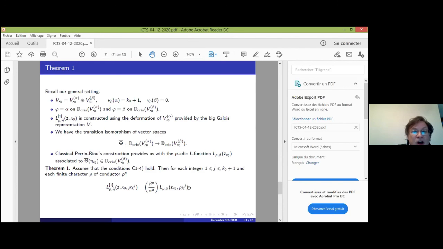For example, Belaïche obtained it evaluating modular symbols, and in Perrin-Riou's theory, this appears from the fact that if you have a finite character rho of conductor p to the power n, when you evaluate the rho part of the Perrin-Riou exponential, this makes these powers appear.